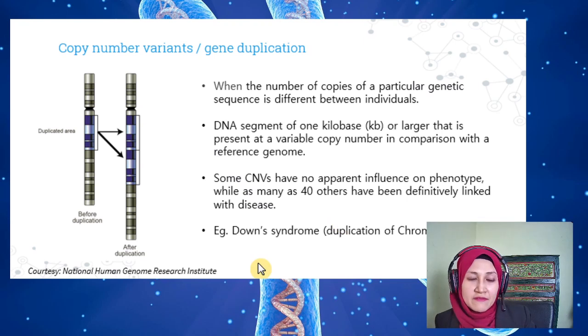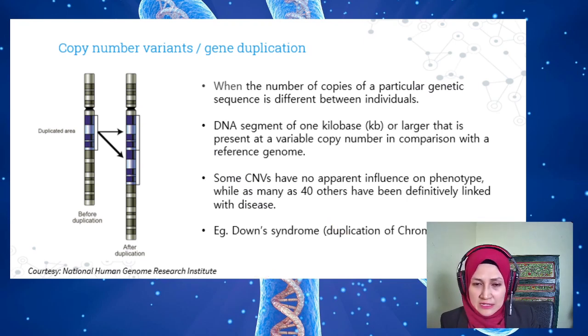Some copy number variants are not actually linked with any specific phenotype or any specific disease, but there are as many as 40 that have been definitely linked with diseases. For example, duplication of chromosome 21 causes a person to have Down syndrome. If we see the length of the chromosome itself, it will be extended as compared to the reference genome.